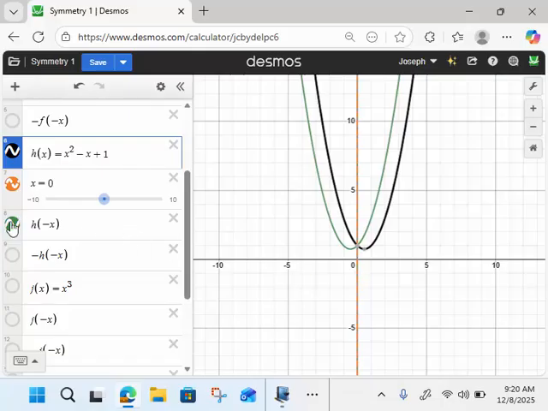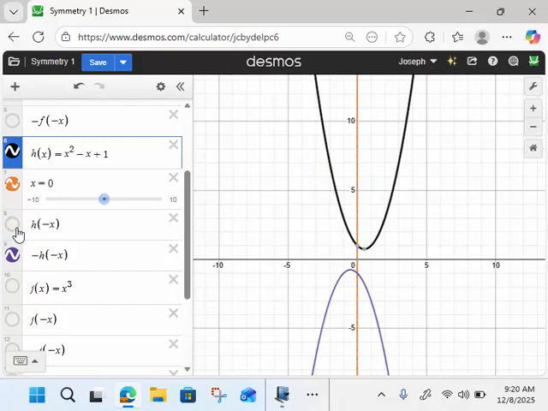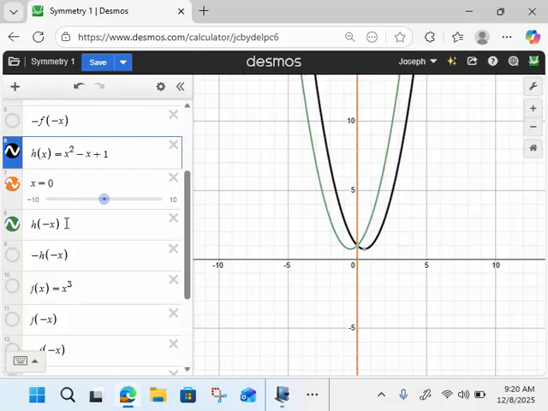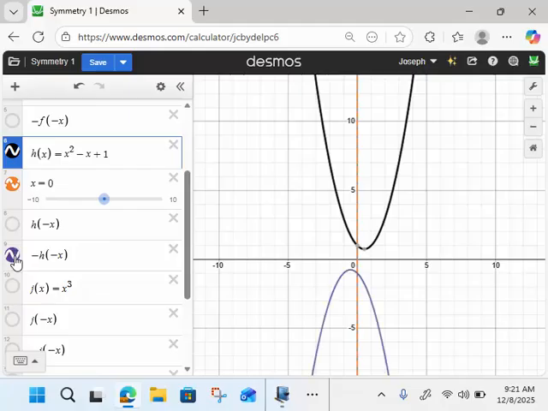And if I did the double flip, it's not odd, right? So this is not the original function, so it's not even. And this is not the original function, so it's not odd. The left side is not an upside down right side, so it's neither.